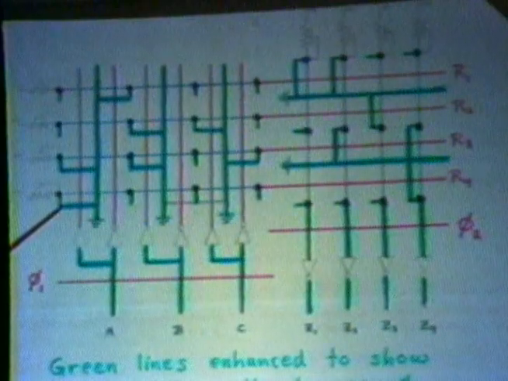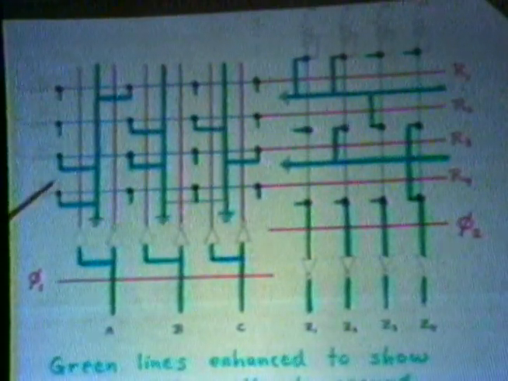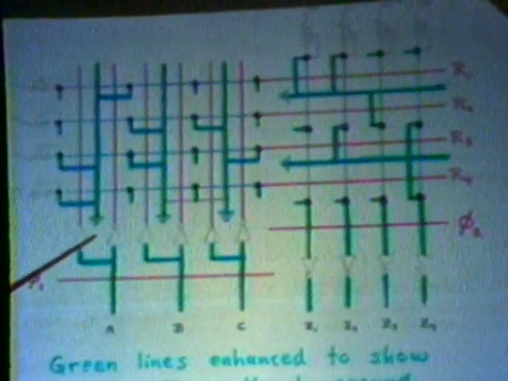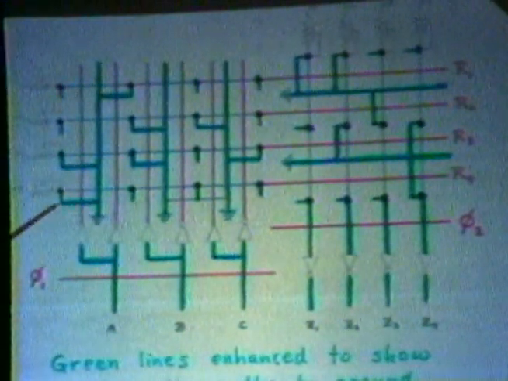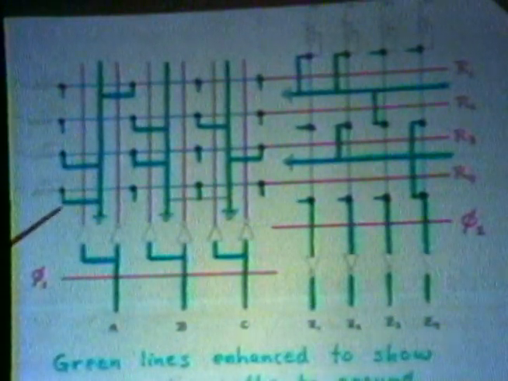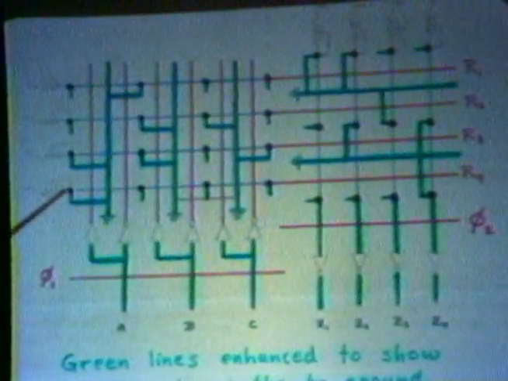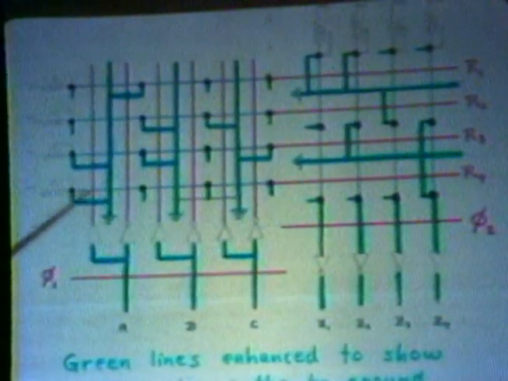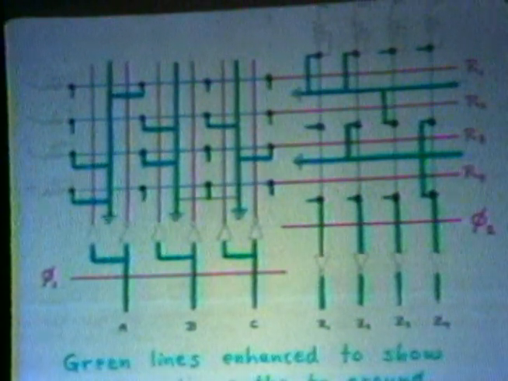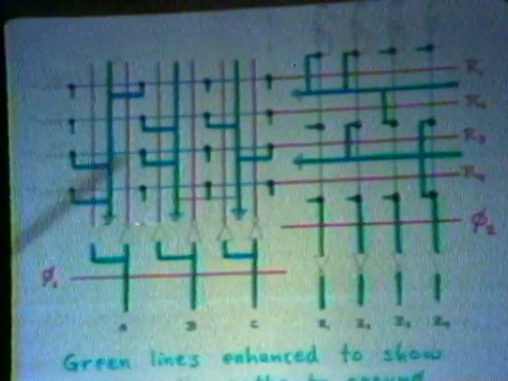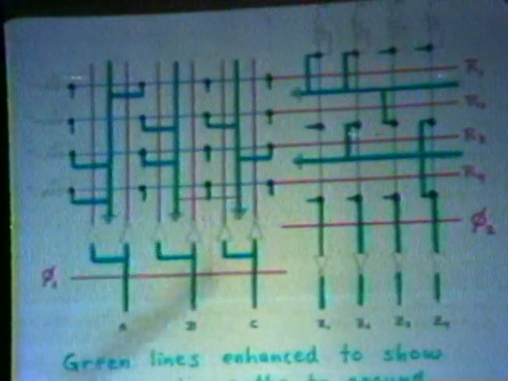And these green lines that cross the red lines are switches to ground. Notice the vertical green lines in the middle are ground. The branches off of them are the legs in the NOR gates. So this NOR gate, in fact, has only one path to ground, which makes it a very simple NOR gate. Oh, excuse me. It in fact has three, which I forgot to highlight these other two.